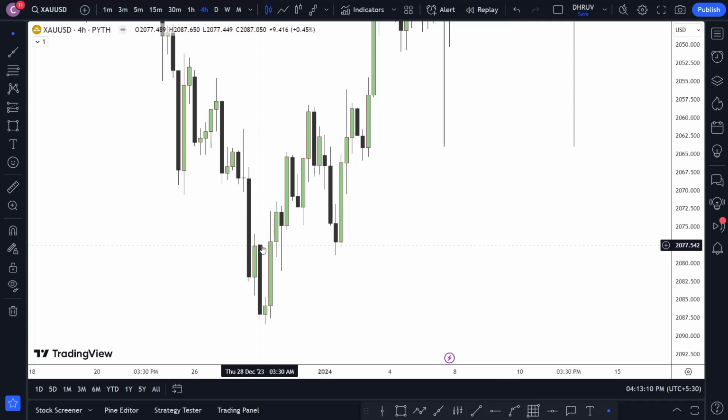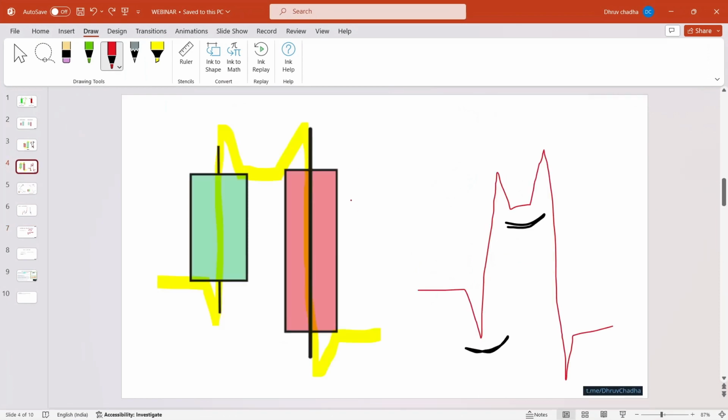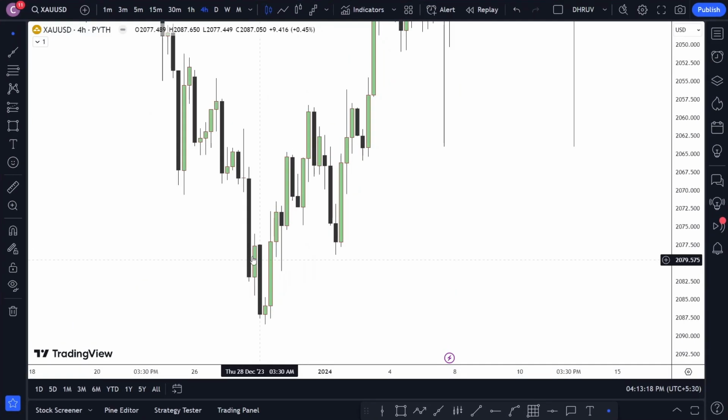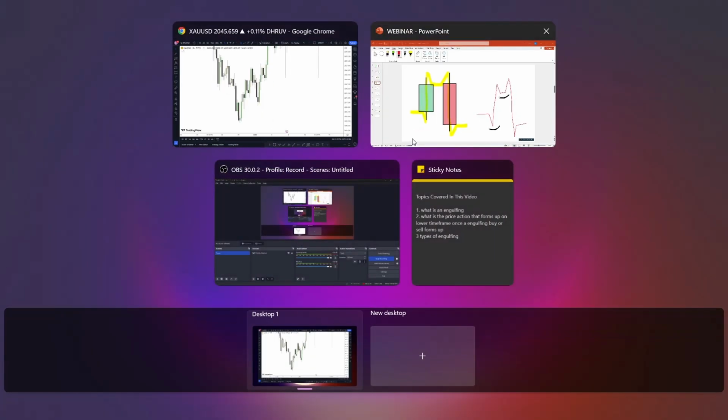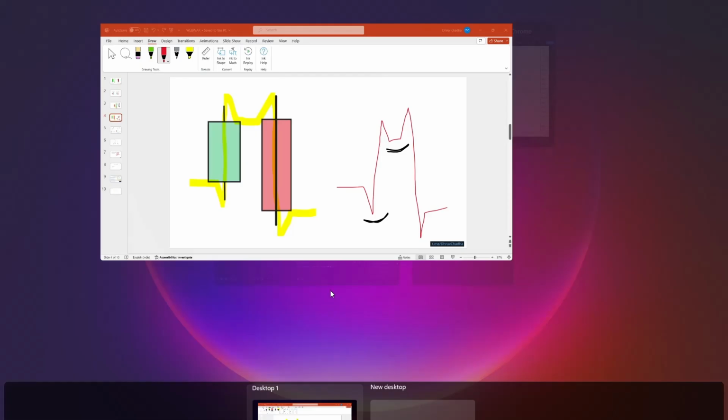I have discussed this based on the OCLC concept, and I have also discussed it with the formation of lower time frame price action. Both concepts are telling us the same thing. We simply get a break when we form an engulfing sell or buy.